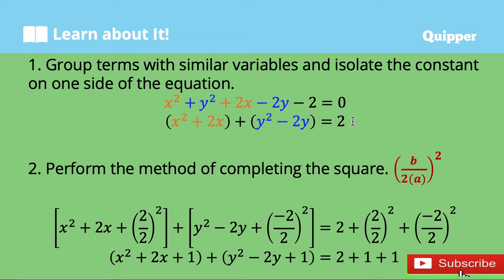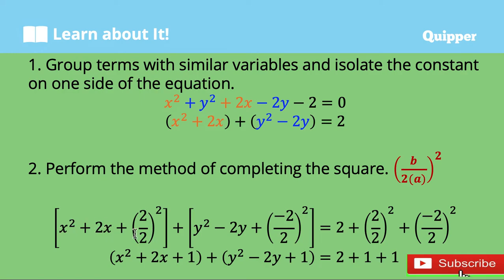Then perform the method of completing the square by adding each group by the square of b over 2a. For the first group, x squared plus 2x, we have this. We are adding 2 over 2 because our b is 2. And our a here is just 1.